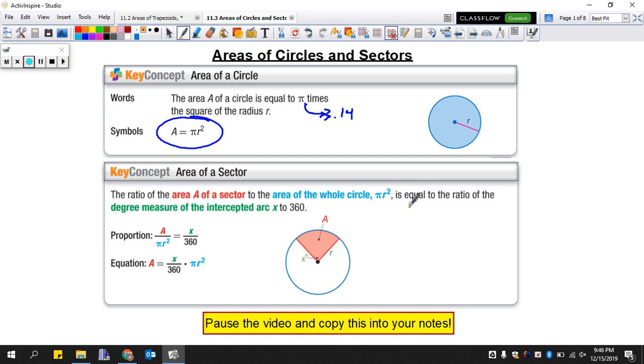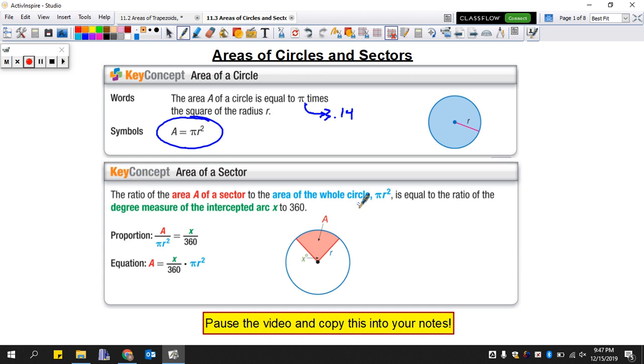Now, to find the area of a sector of a circle, the ratio of the area of a sector to the area of the whole circle is equal to the ratio of the degree measure of the intercepted arc x to 360 degrees.